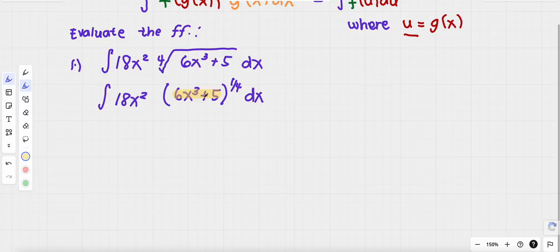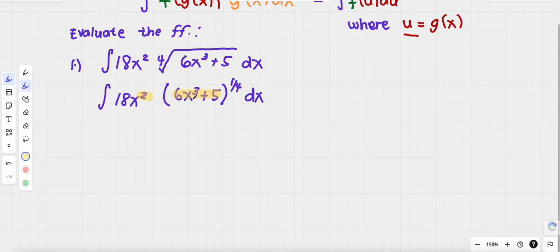Now 6x cubed plus 5. If we compare the exponent of our variable here, the power is 3. Outside this term, we have another term bearing an exponent of 2. Since 3 is greater than 2, let's try to assess.